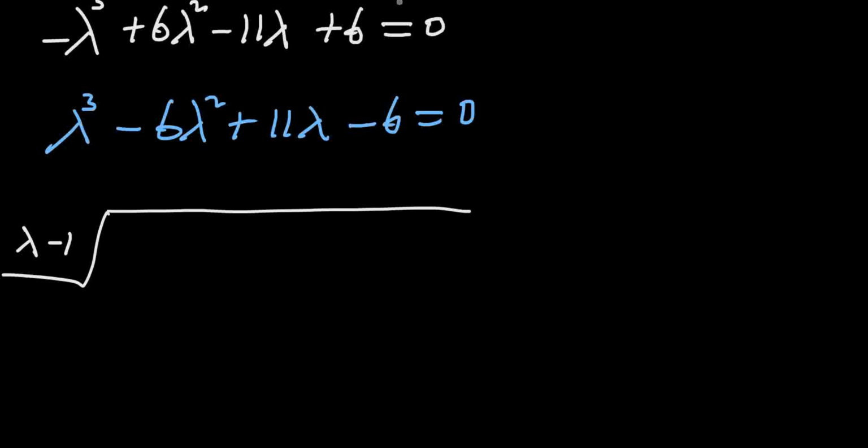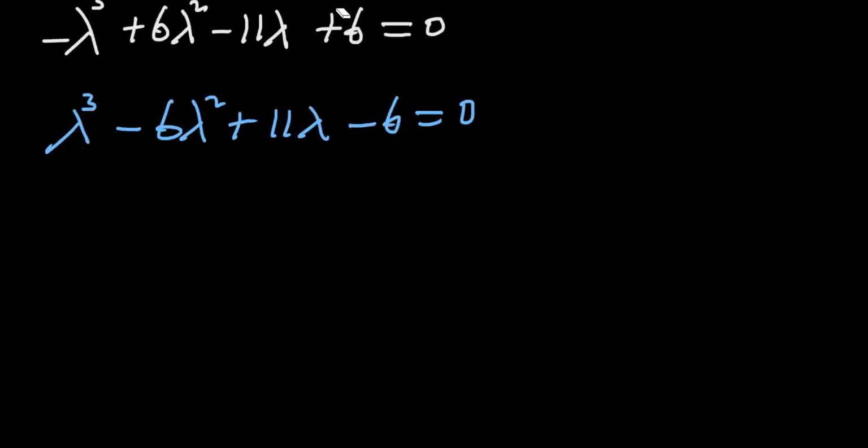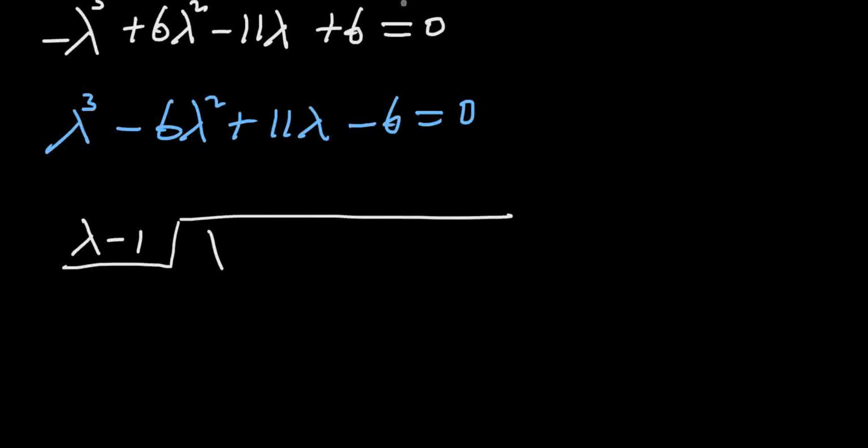Just put it here, lambda minus 1, and then bring the whole of the polynomial inside this: lambda cube minus 6 lambda squared plus 11 lambda minus 6.